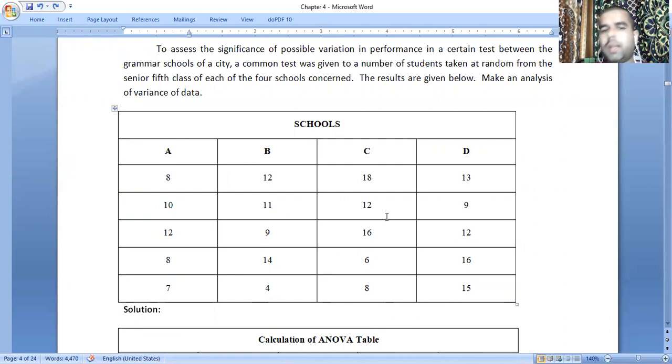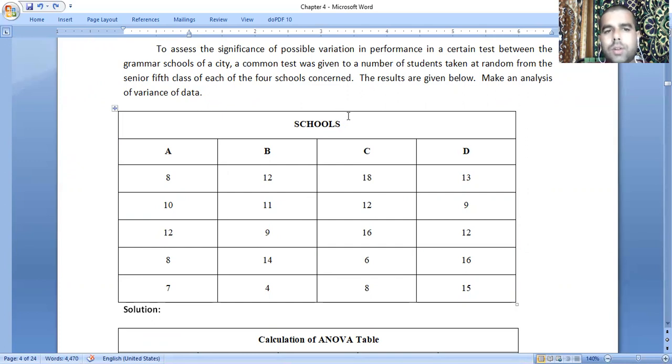If equal values are there, follow the same procedure. Unequal values you will also sometimes get in the question paper, and then also you follow the same procedure. This is an important note number 1. In note number 2, in the given question neither 5% nor 1% LOS is given.